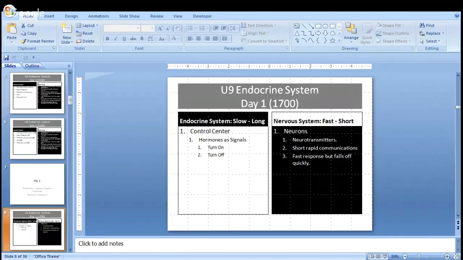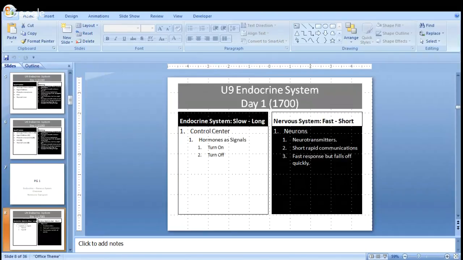So the end organ that's being affected is not the intermediate organ. So the hypothalamus releases a hormone and it goes to the anterior pituitary, and the anterior pituitary converts it into something else. Then it travels on to the target organ and affects it, turns it on or turns it off, right? So that's what tropic means, okay?